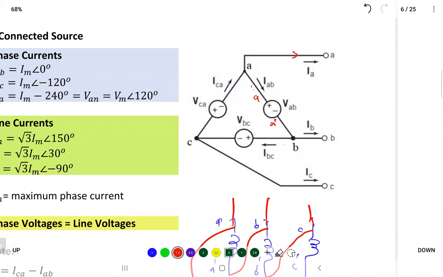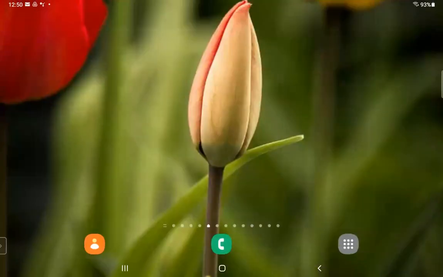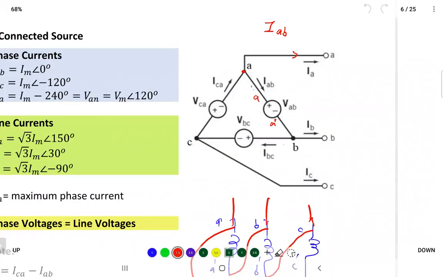Using Kirchhoff's current law, IA is coming out here, and this is node A, with ICA in and IAB out. So IA equals ICA minus IAB. That's Kirchhoff's current law.